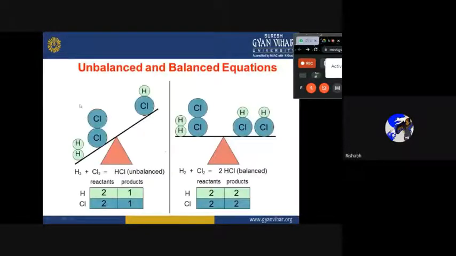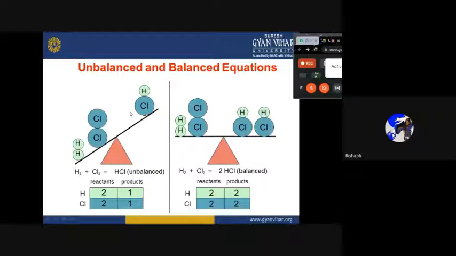So on the left hand side there is an unbalanced equation, and on the right hand side there is a balanced equation. On the left hand side in the reactants you see 2 atoms of chlorine and 2 atoms of hydrogen, but on the right hand side of this fulcrum you see only 1 atom of hydrogen and 1 atom of chlorine.